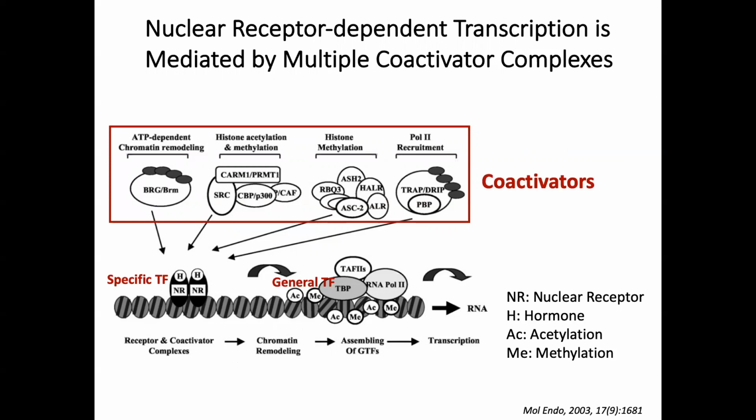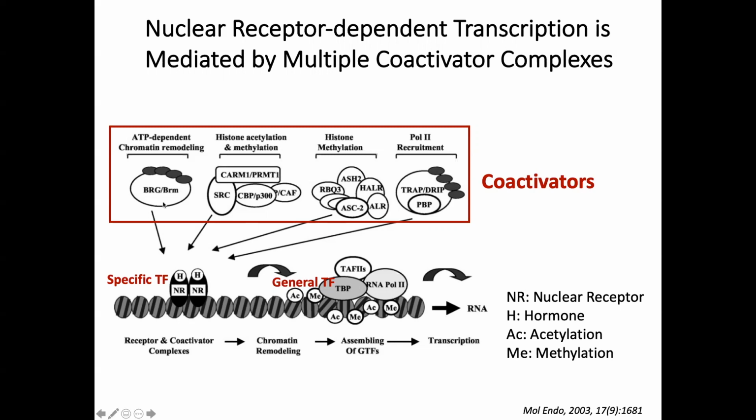Anyway, they are transcription factors. Based on this information, you should be able to tell that this is actually the enhancer region, right? The binding of transcription factors further recruits these co-activator complexes through the direct interaction between transcription factors and the co-activators. Okay, so these co-activator complexes have different functions.